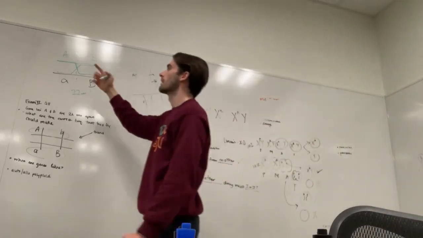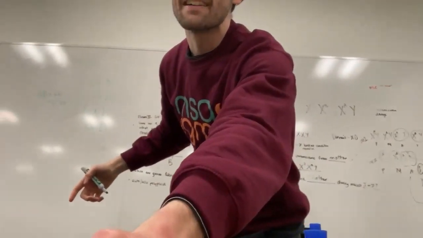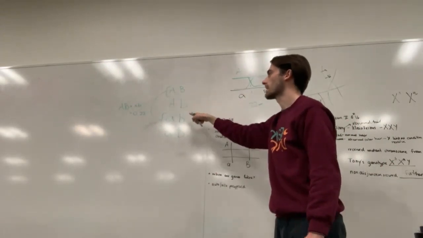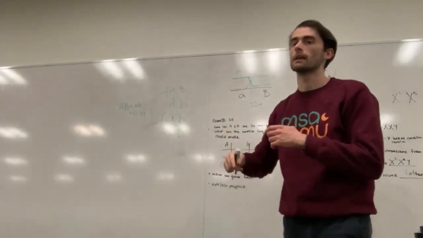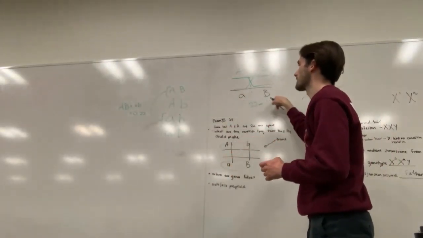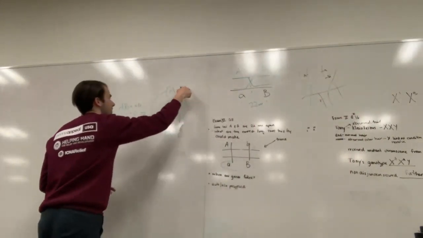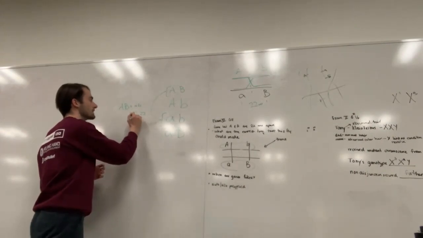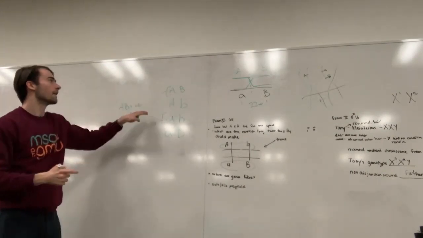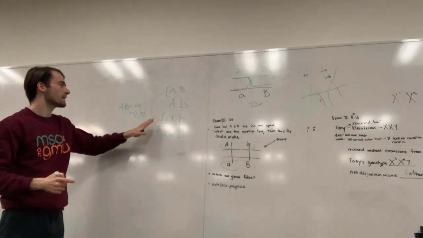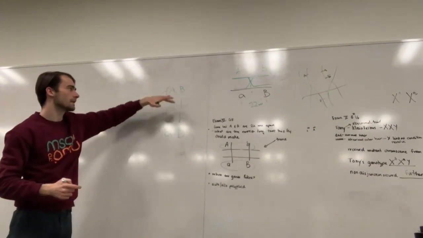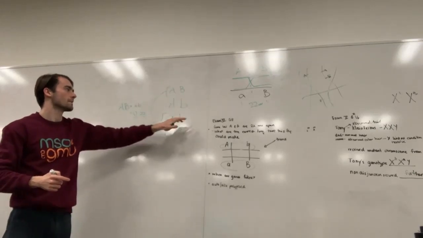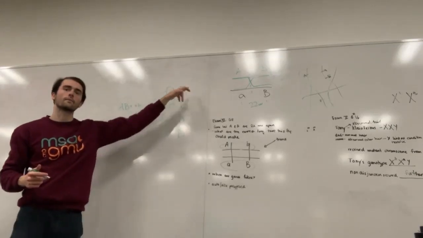Similarly, we assume it's random whether you get this combination or this combination of recombinant gametes from this cross. Because it's just as likely as the other to happen, we take the total frequency of these individuals and divide it by 2. So if 22% are these two, it makes sense that 11% are these and 11% are these.